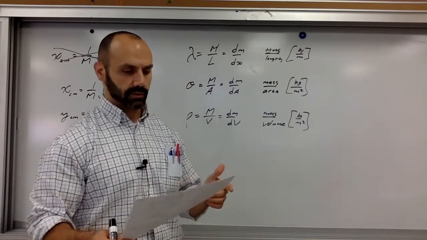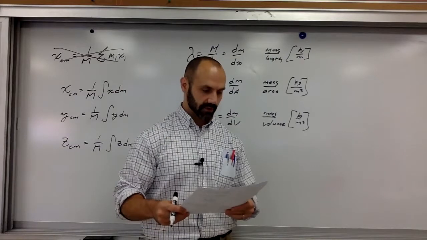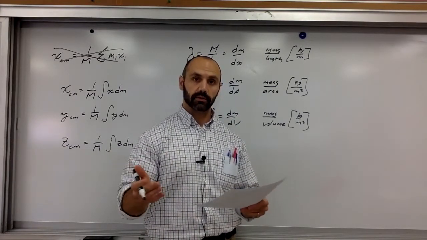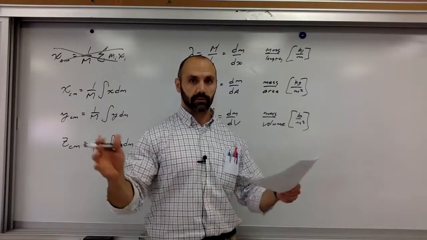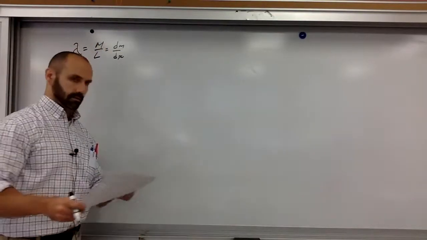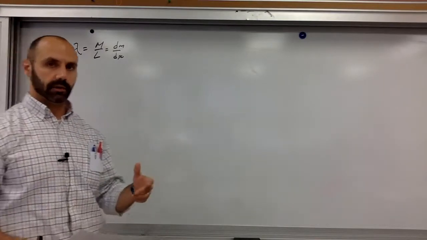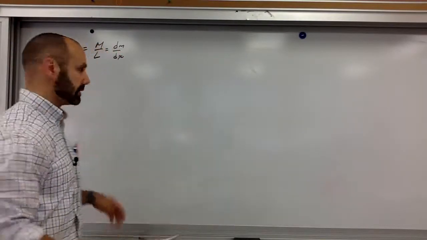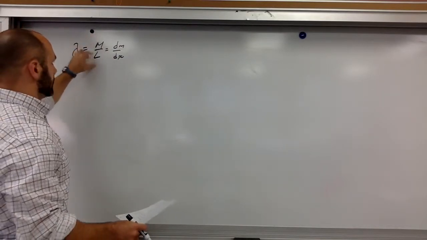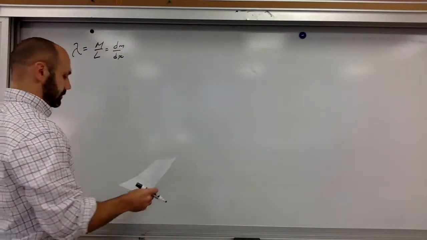Here we're going to prove that the center of mass lies in the center of a uniform rod. So first we're working with a rod of uniform mass density. Since we're dealing with a rod, we're going to be using the linear mass density formula. So we have linear mass density lambda is big M over L, and that's equal to dm over dx.